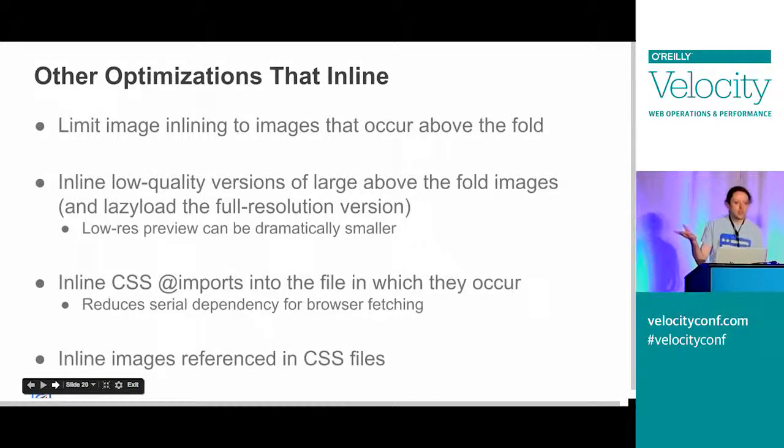This can actually be an issue for you if you're, say, using image spriting or using CSS images to display large images in your above-the-fold content. There's always going to be this serial bottleneck where we have to parse the CSS before we can start fetching those images.